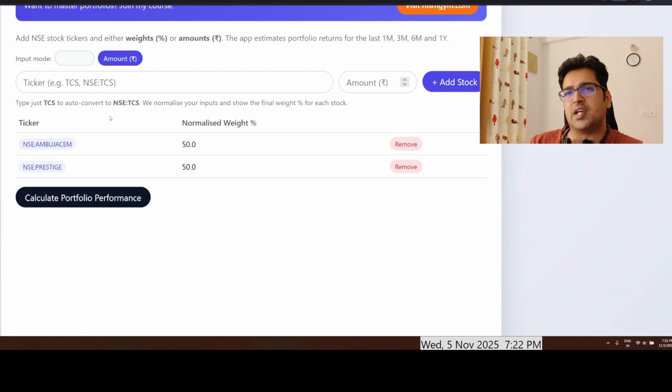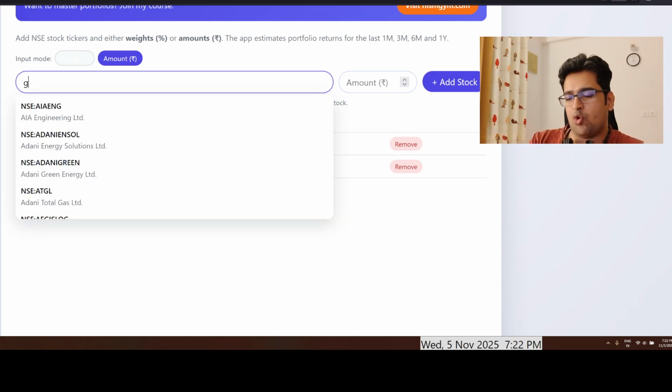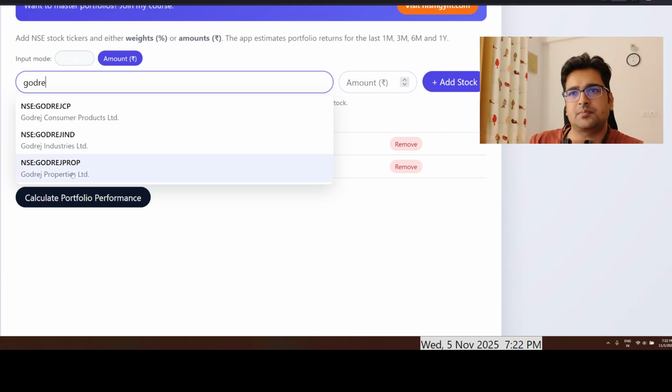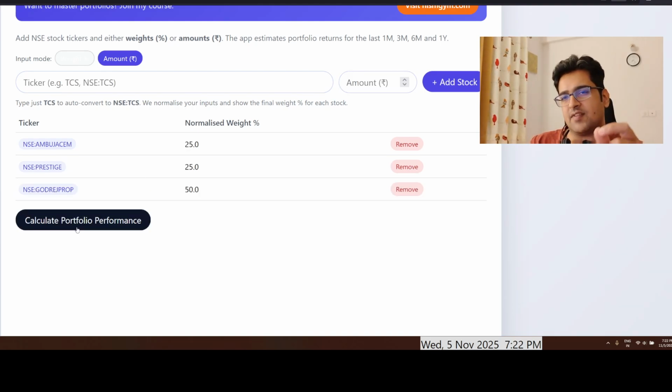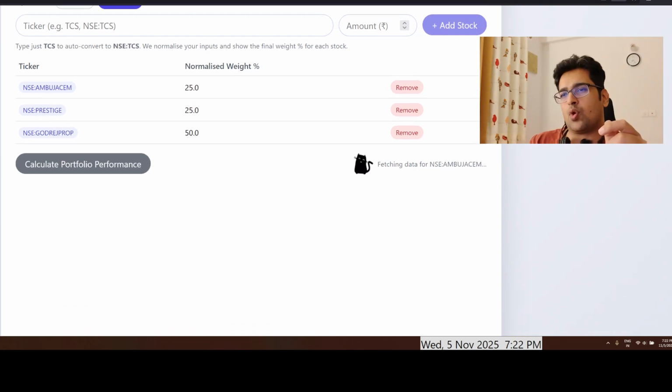I'm just doing 2000 each so that everybody is equal weighted. And one more, maybe let's do Godrej, right? For Godrej it's 4,000. So if this was the portfolio that we had invested in, let's try and figure out what the performance would have looked like. Ambuja Cement 25%, Prestige 25% weightage, and Godrej Properties 50% weightage.